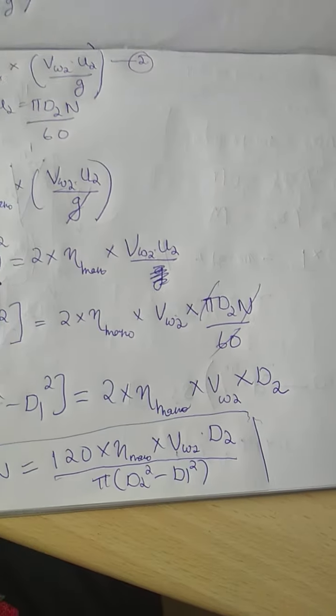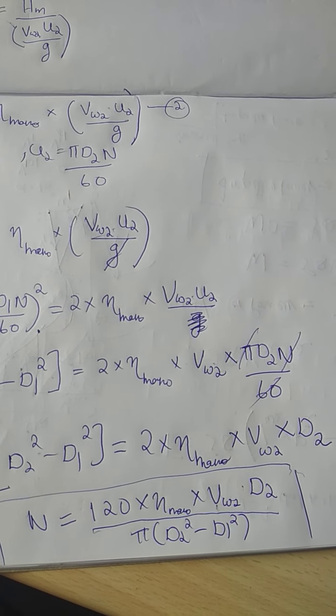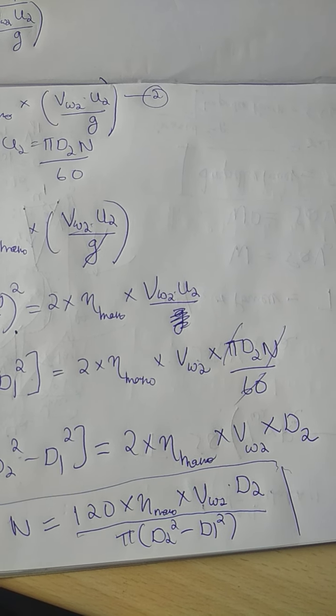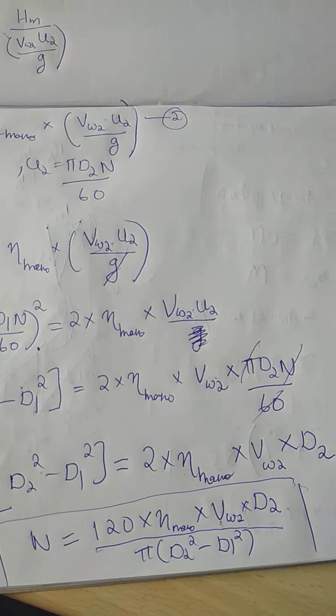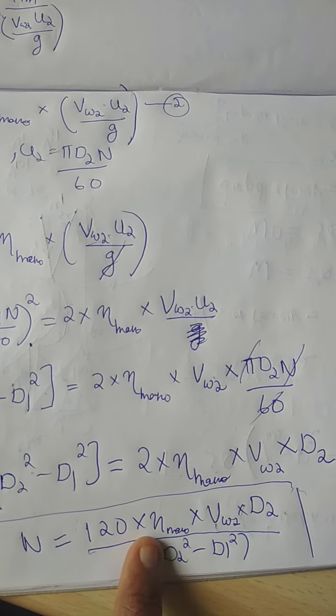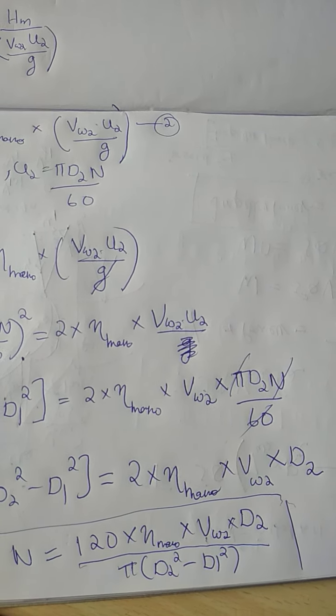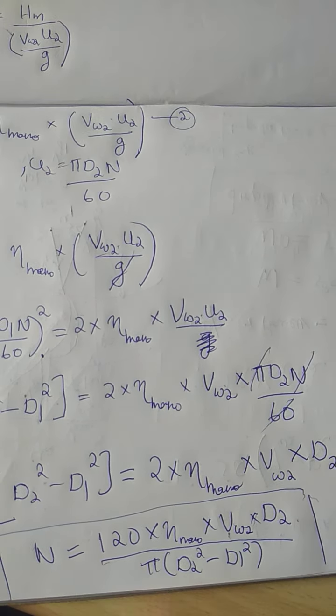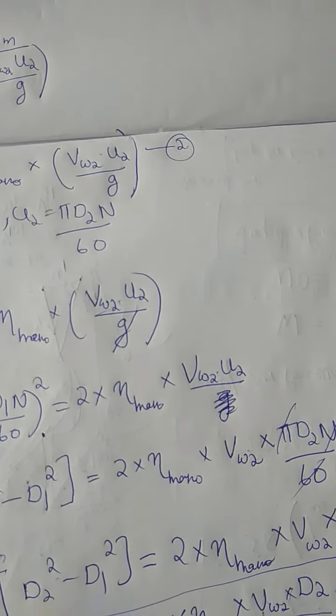This is the final expression for minimum starting speed: n equals 120 into eta mano into Vw2 into d2 divided by pi into d2 square minus d1 square, where eta mano is the manometric efficiency, Vw2 is the velocity of whirl at the outlet, d2 is the diameter at the outlet, and d1 is the diameter at the inlet.